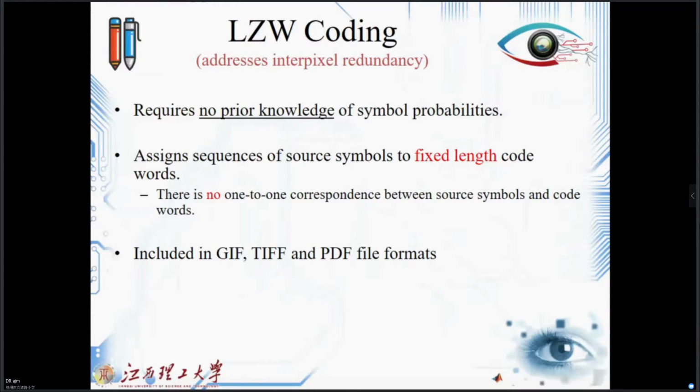Maybe it's interesting for you that this method is the basis of the GIF, TIFF, and PDF file formats. Maybe you didn't know till today that when you convert your image to TIFF or GIF or PDF, you are using this method. Let us see what this compression method is.